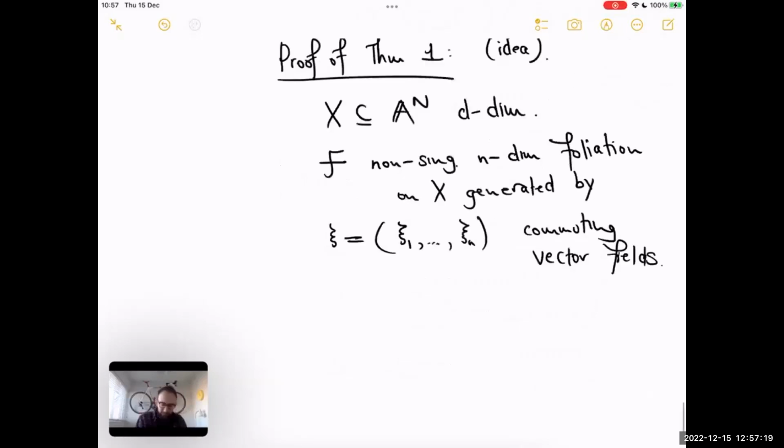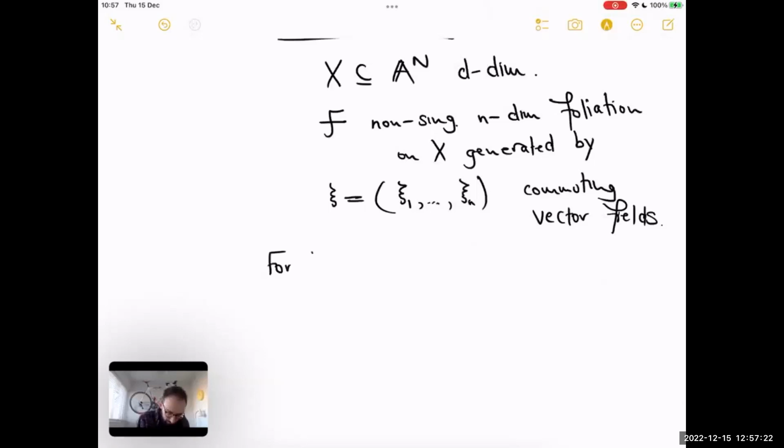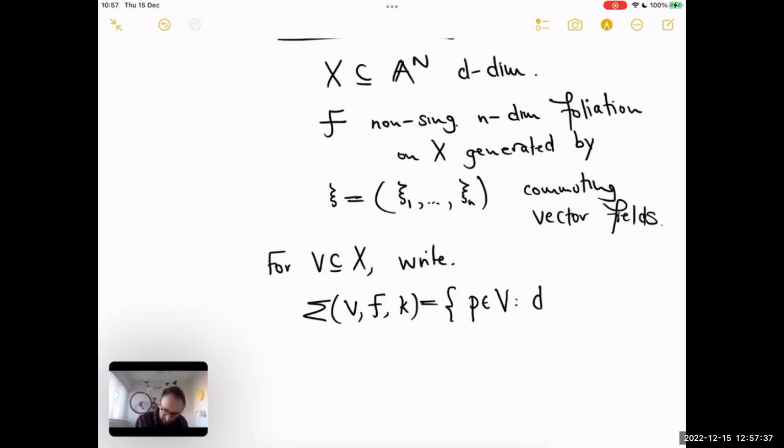And then for a subvariety B of X, we define sigma B,k to be the set of points P in V such that the dimension of the intersection of the leaf through P with B is at least k. And the primary input is that this is a Zariski closed set that we can bound the degree of and actually construct from equations for X and psi and B.